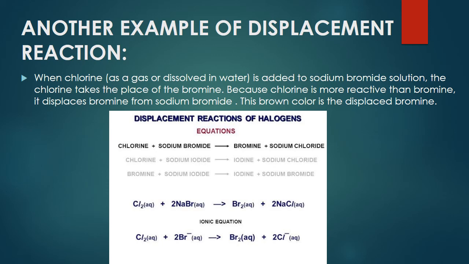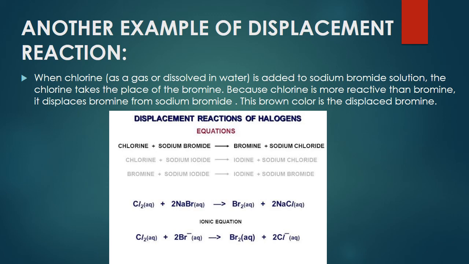So this is chlorine plus sodium bromide, and bromine will produce along with sodium chloride. The chloride displaces the bromine, and this is the ionic equation in which bromide ions are here.